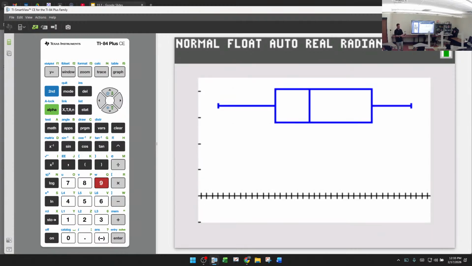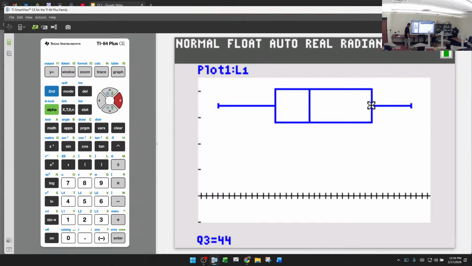Just sketch that on your paper. Those look almost exactly the same. This might be a little bit longer, and that shifted a little bit to the left. So just sketch it on your paper. If you get really worried about it and you for sure want your points, hit trace. That's 33.